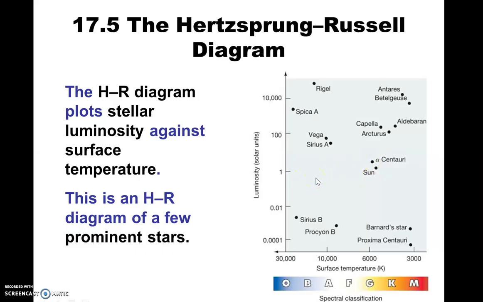The star Sirius A and Vega are much hotter, almost 100 times. Notice the star Arcturus is about 100 times. And then there's another star down here called Sirius B. And notice here Procyon is there as well, and so is Barnard's star and Proxima Centauri.